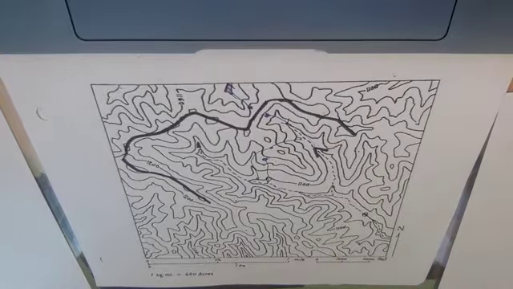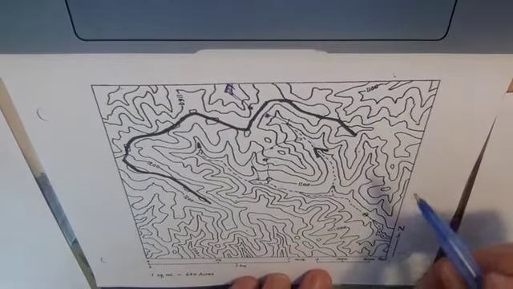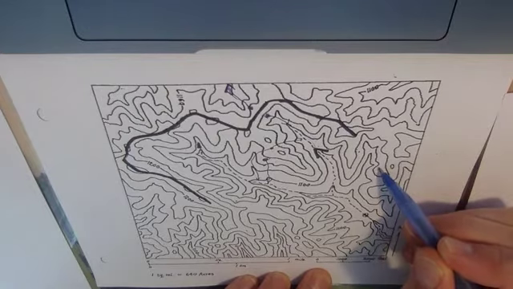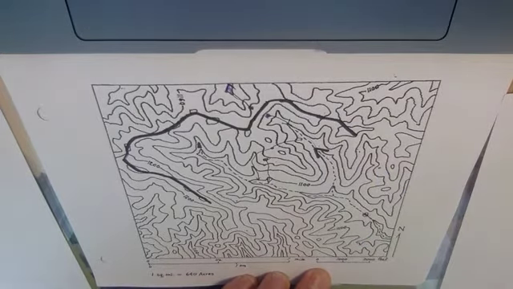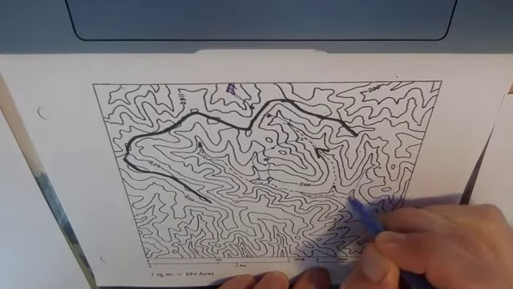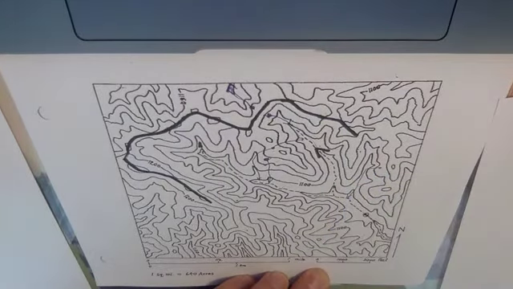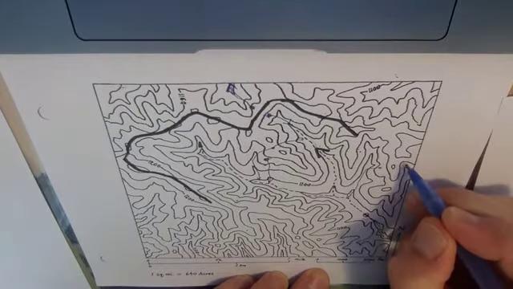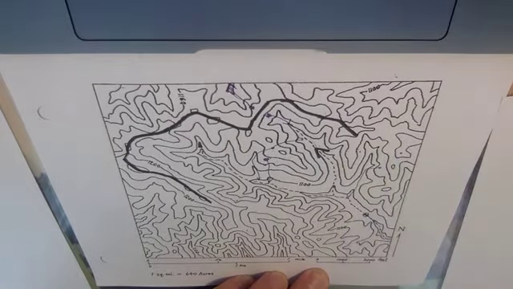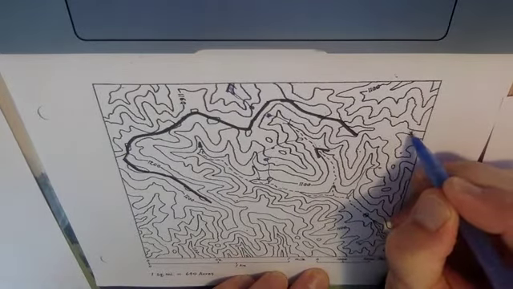Let's see. So what about over here? Where would rain go that falls, let's say, right here? The rain that falls right there would go downhill and would follow some path sort of like that. So that's still in the watershed. What about rain that's over, I don't know, let's do here, or here.